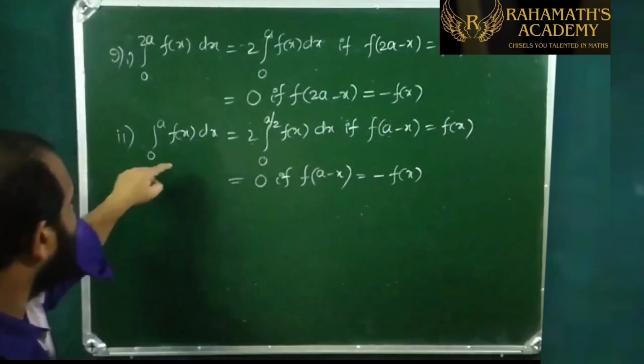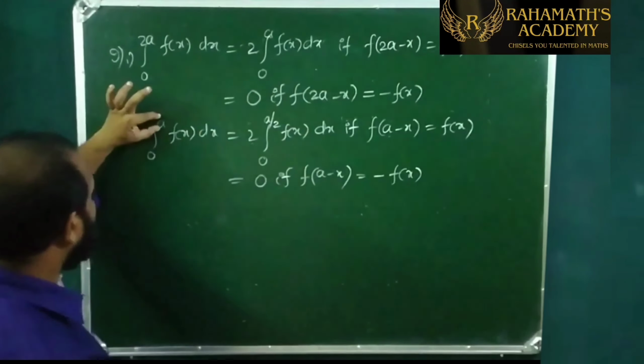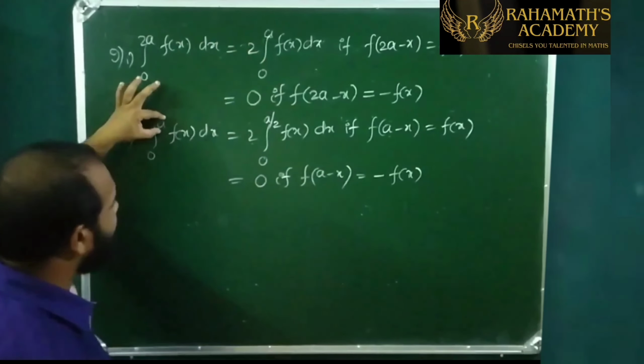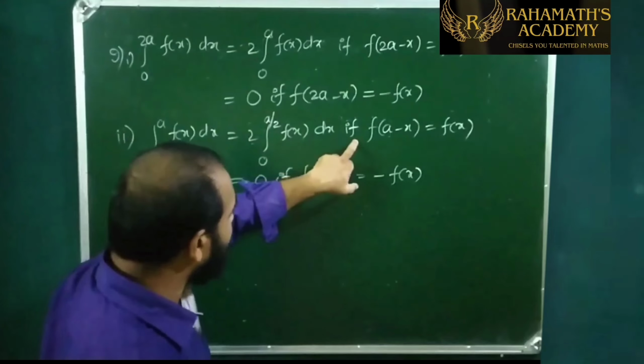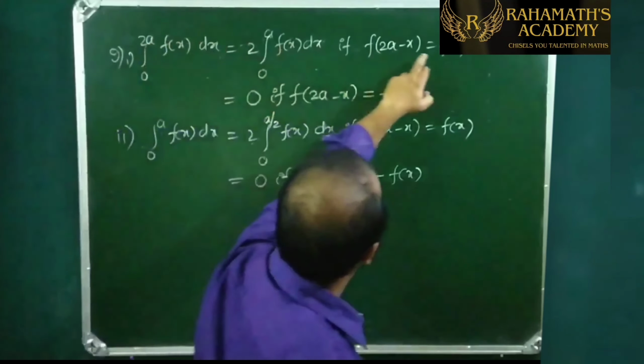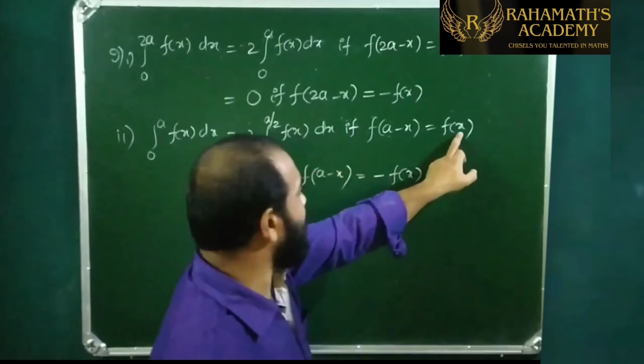Here 0 to a, 2 will come forward as usual like this and a's half. Here 2a's half is a. Here a's half is a by 2, f of x dx if upper limit minus x, here also 2a minus x, f of x. Here a minus x, f of a minus x is equals to f of x.